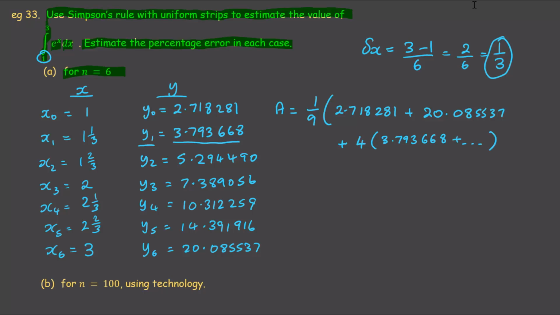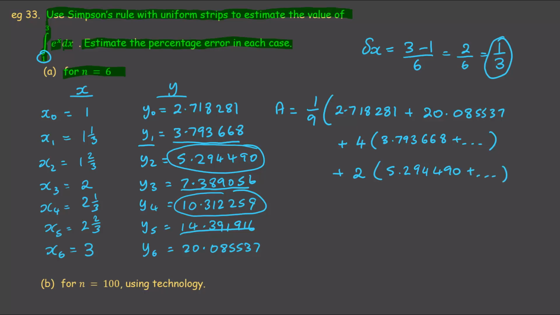The ones that will go in there are this one and this one. And then we have 2 times the even ones, which are just going to be that one and that one in this case. So 5.294490 and the other one. And then we're going to calculate that.